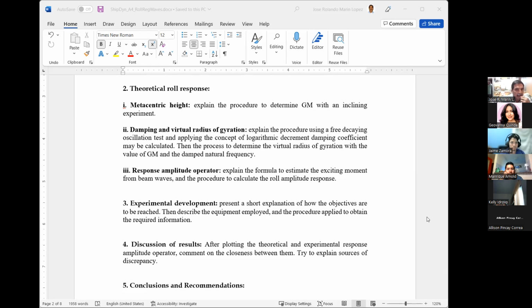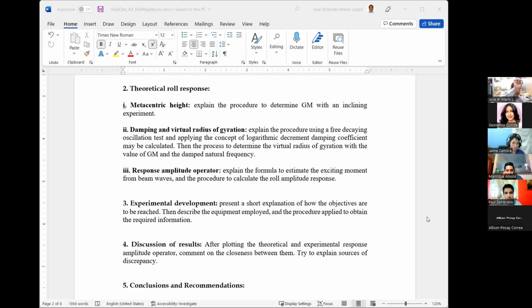Mr. Zambrano, step 2. Damping and virtual radius of gyration. Explain the procedure using a free decaying oscillation and applying the concept of logarithmic decrement. Damping coefficient might be calculated. So you take the model, incline it, and leave it. So it oscillates, and the oscillation is decaying.